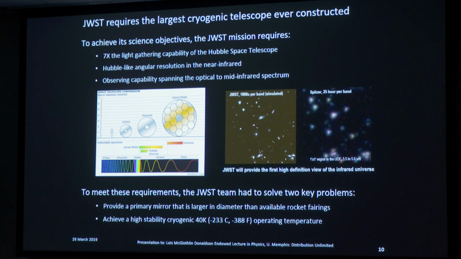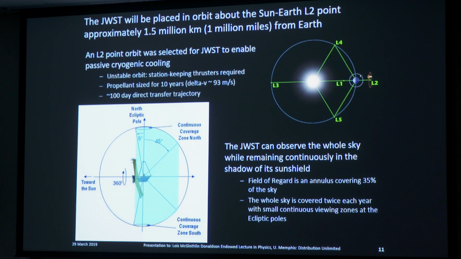So if we didn't make the JWST cold, it would be blinded by its own infrared emission. How cold did we have to make it? Almost minus 400 Fahrenheit. Really, really cold. And there is no mechanical refrigerator that can cool something as big as the JWST to such a low temperature. So for the project to be realized, we had to solve those problems.